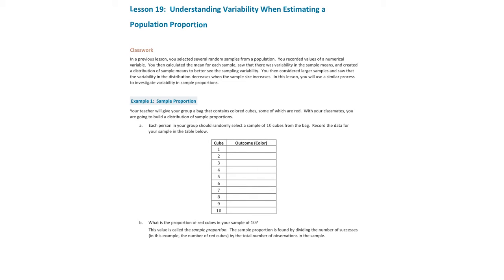Before we get started, I want to go over with you the difference between numerical data and categorical data. You can write this anywhere on your paper. I'm just writing them in different spots.